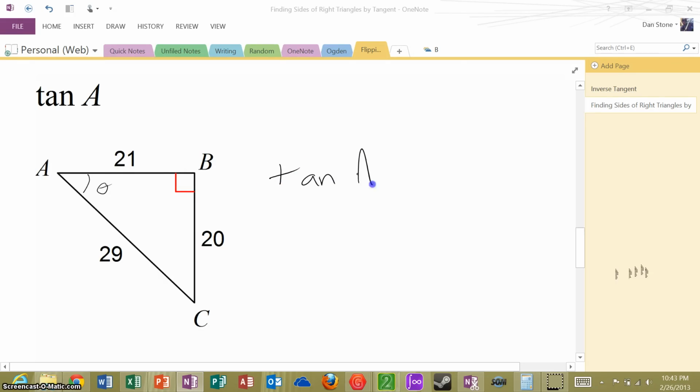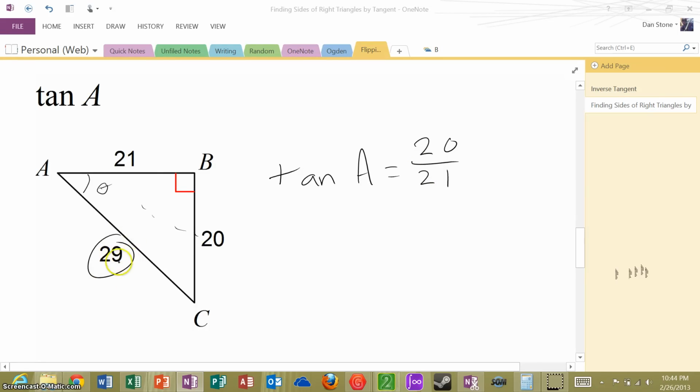Tangent of A is going to equal our opposite. What is our opposite of angle A? 20 over our what? Over our adjacent. Adjacent is 21.